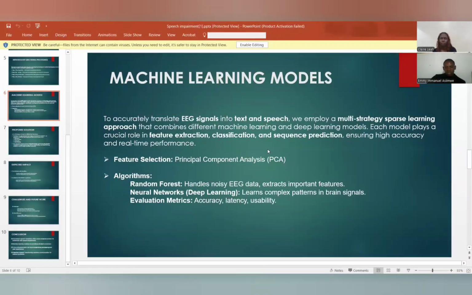We are converting these audio voices into a clean dataset that will be able to compare and tell the pattern in developing speech. The feature selection we're doing is principal component analysis, and the algorithms we used are random forest and neural networks. Then the evaluation metrics.